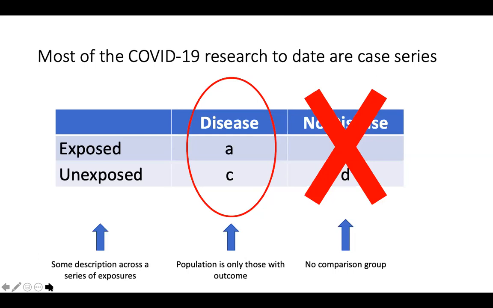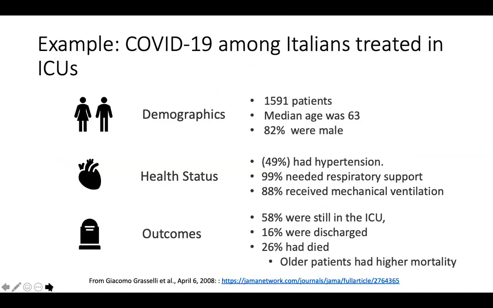What we're seeing primarily are case series where we're only looking at those with the disease and some descriptive epidemiology about them. There are some exposures, but generally speaking, it's descriptive epidemiology, and it's focused on those with the disease. I don't want to say that that's a bad study design. It's actually quite informative. So this was a study published April 6th among Italians treated in ICUs.